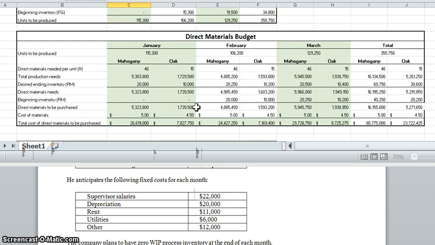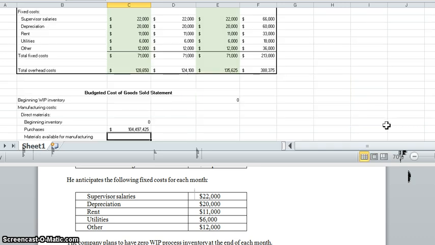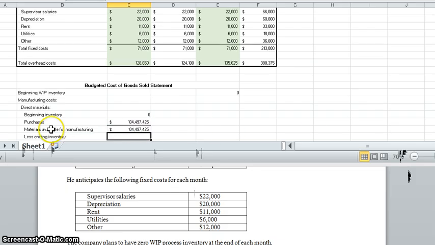On the direct materials budget, notice that we plan to spend $80,775,000 on mahogany and $23,722,425 on oak. And remember, this is going to be a budgeted cost of goods sold statement for the full quarter, so we're going to need the total amount that we plan to purchase. Add those 2 items together. That gives us our materials available for manufacturing.